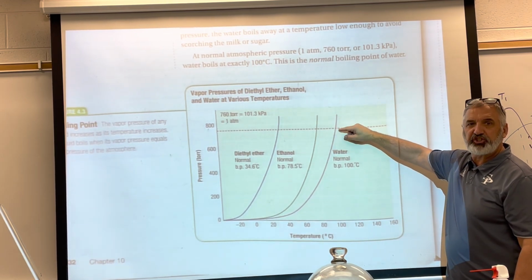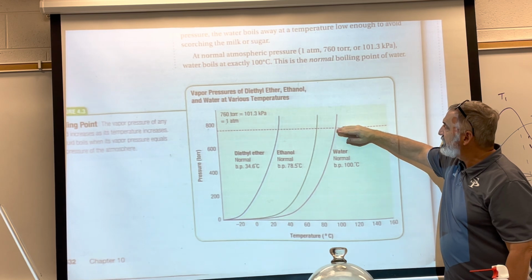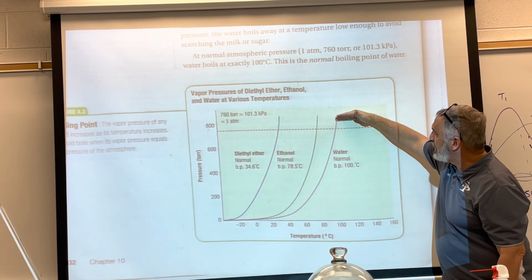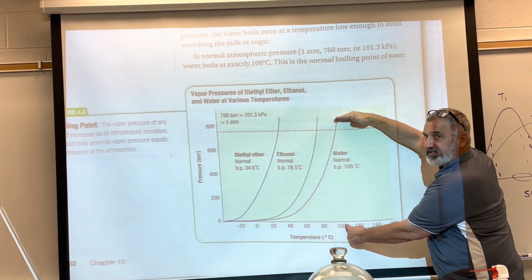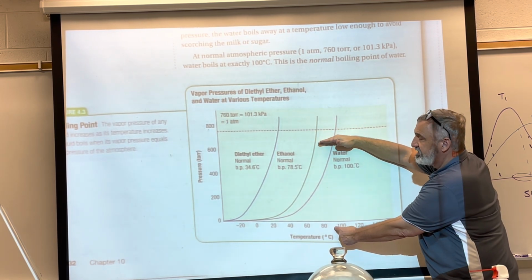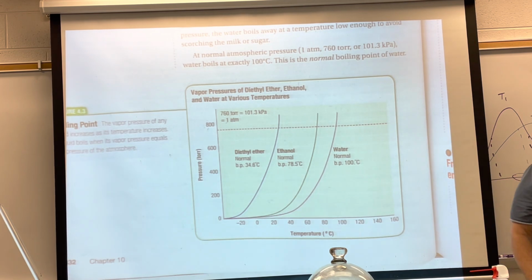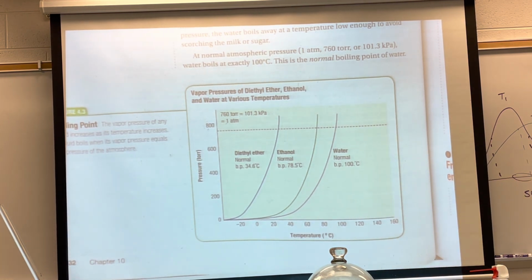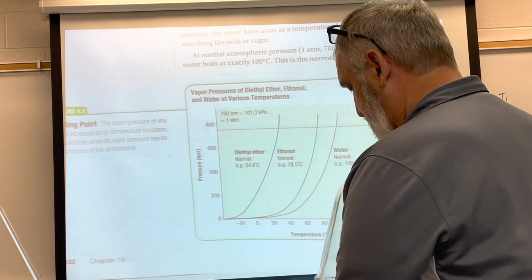But if a high pressure system comes in, that means that the pressure of the atmosphere is moving up. I'm going to have to increase the temperature to make it boil. But if I decrease the pressure, I can make water boil at a lower temperature.